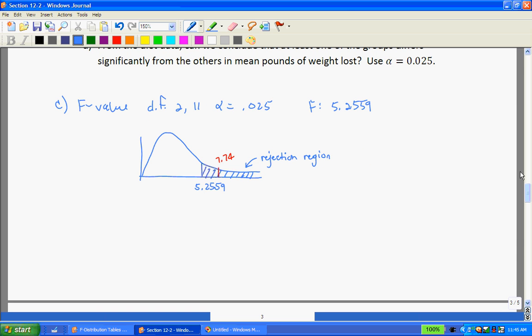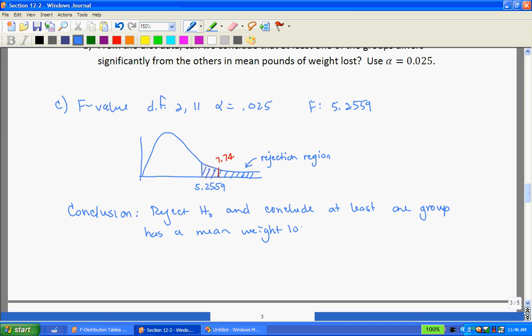So my conclusion, and we weren't asked for this specifically, but this is a good way to keep all your information straight. We reject H naught and conclude at least one group has a mean weight loss that is different than the others.